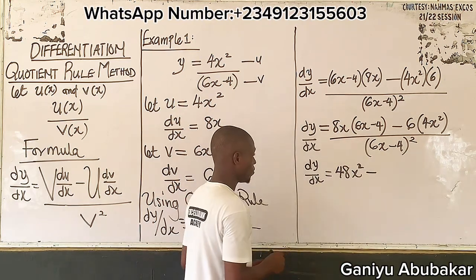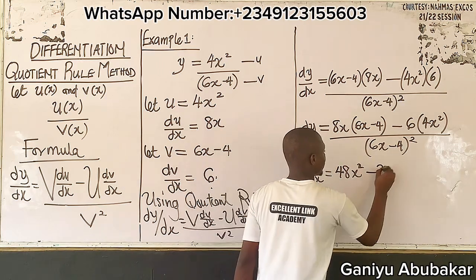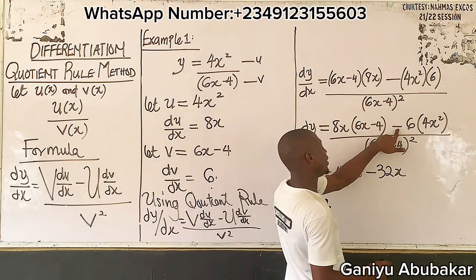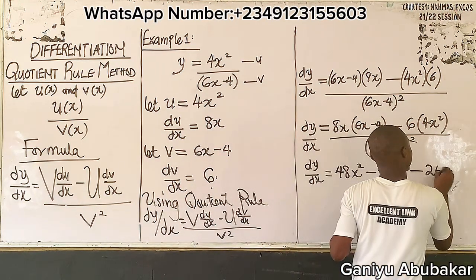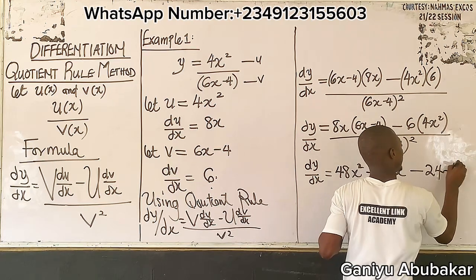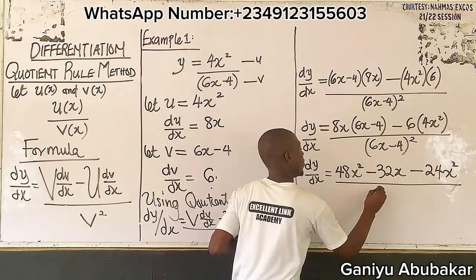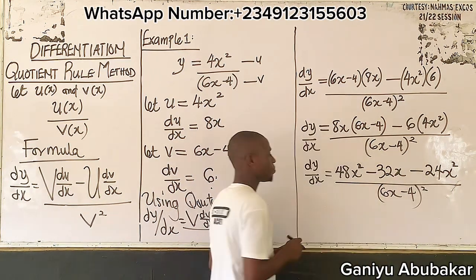Minus 4 times 8, that's 32x, right? Minus 6 times 4, that's 24x squared, all over 6x minus 4 all squared.